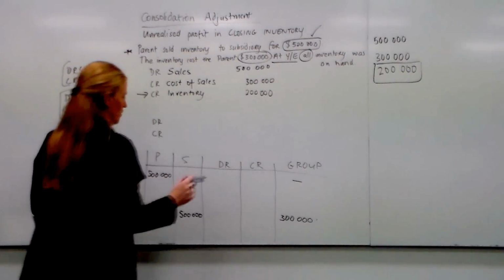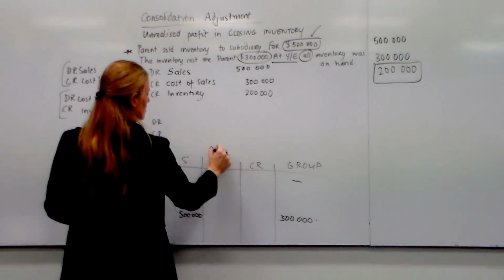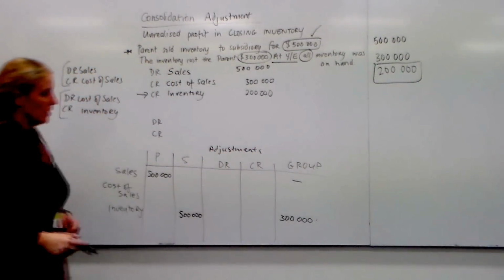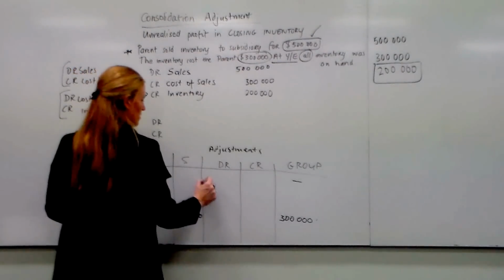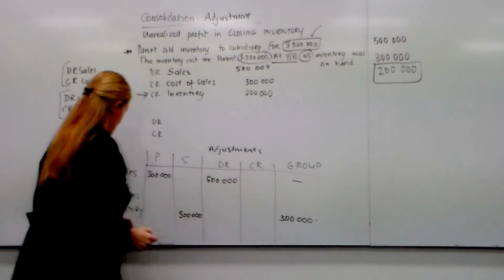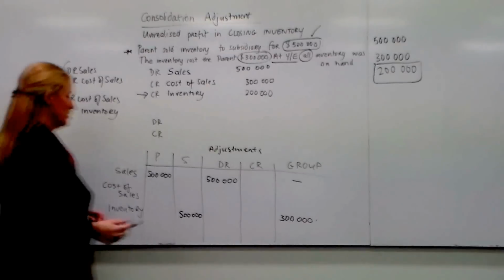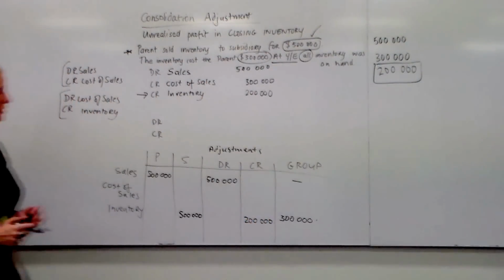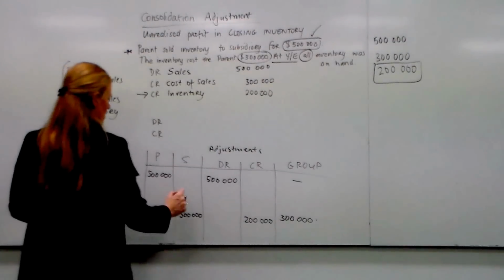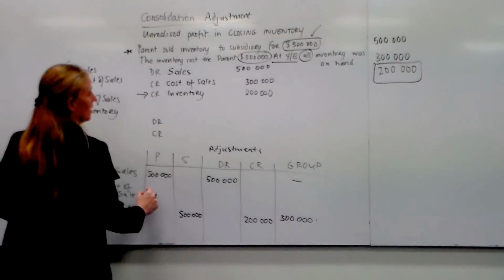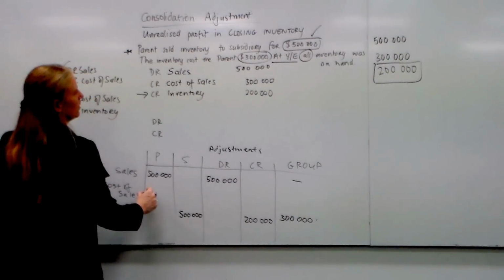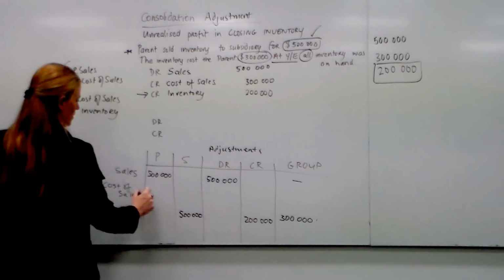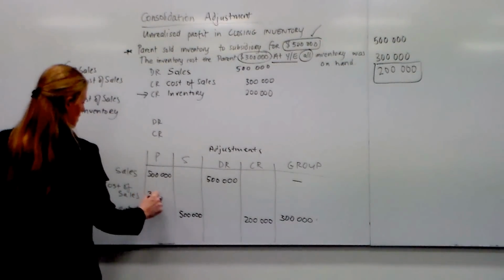So basically, our consolidation adjustments: we want sales to come down to 0, so we're going to debit. We want inventory to come down to 300, so we're going to credit. And cost of sales, the inventory cost the parent 300,000, so cost of sales will be 300,000 here.